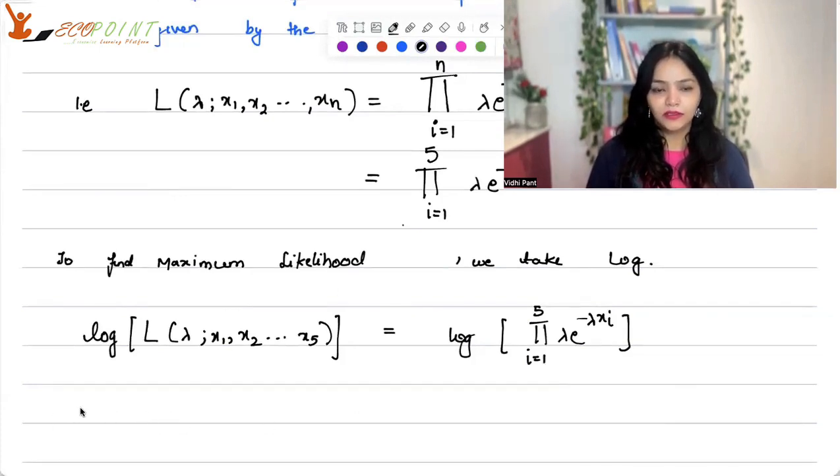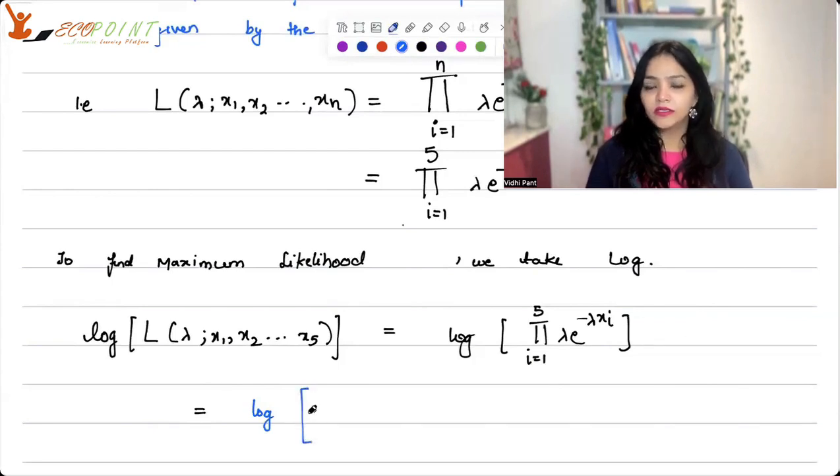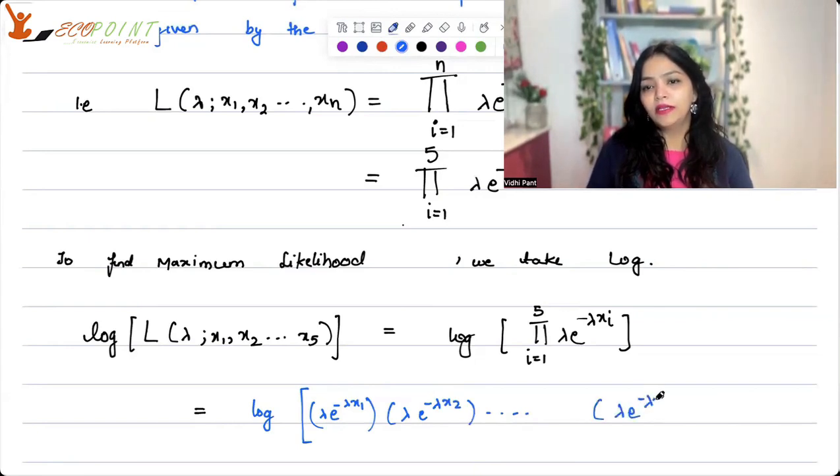So you have taken log. Now what is this product? Expanding, it is lambda e to the power minus lambda x1 into lambda e to the power minus lambda x2, and so on, till lambda e to the power minus lambda x5.